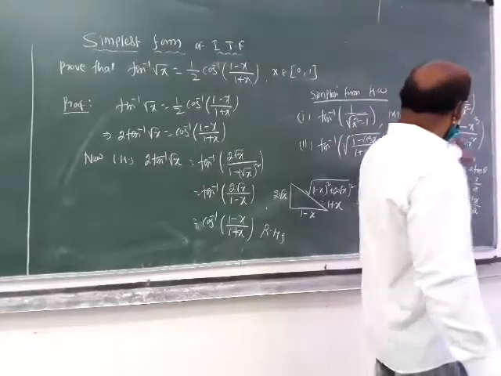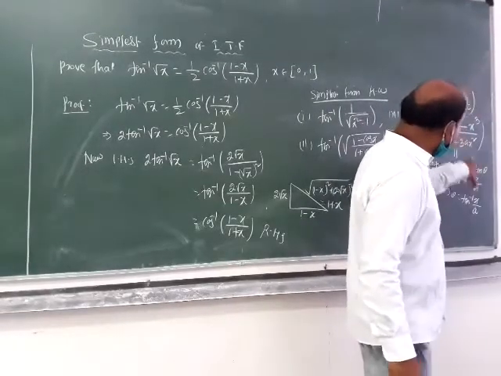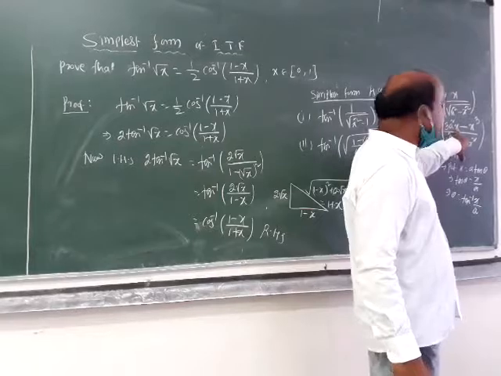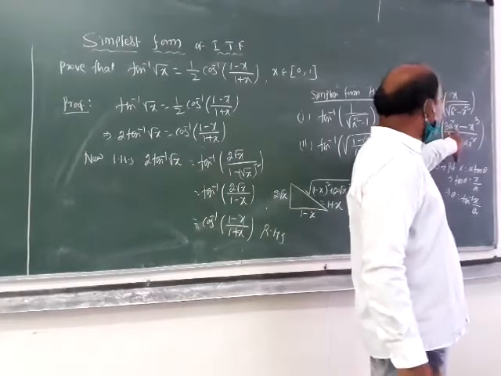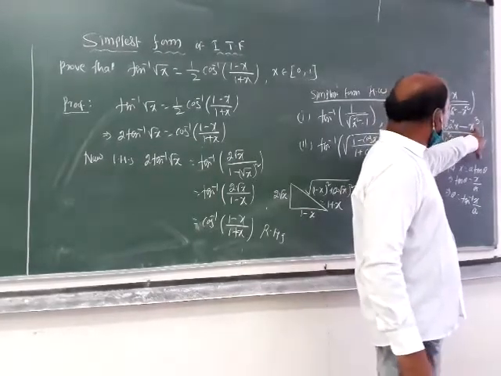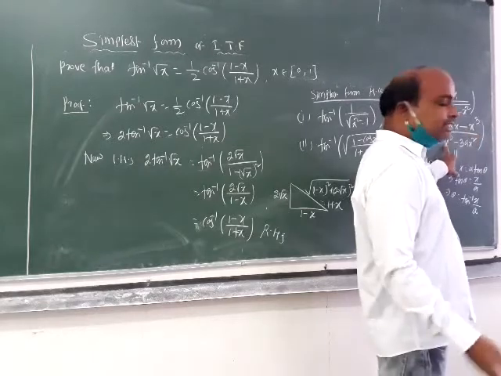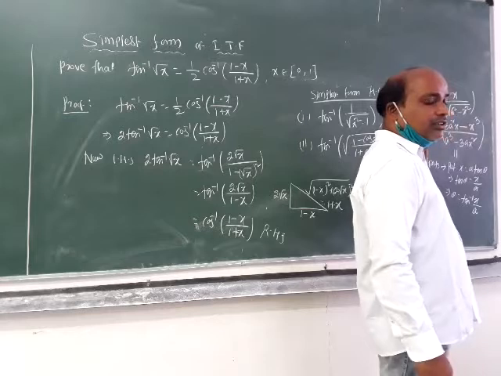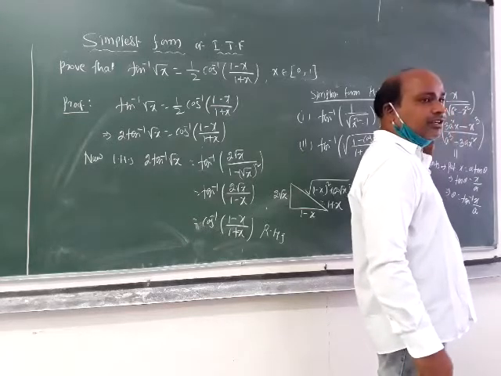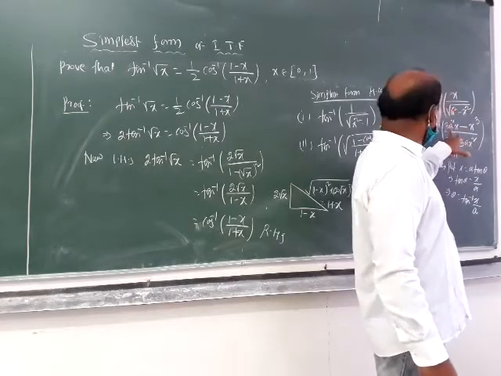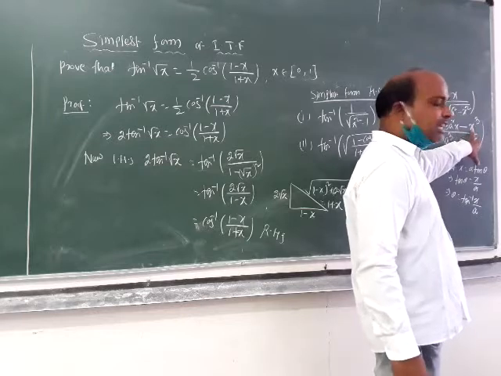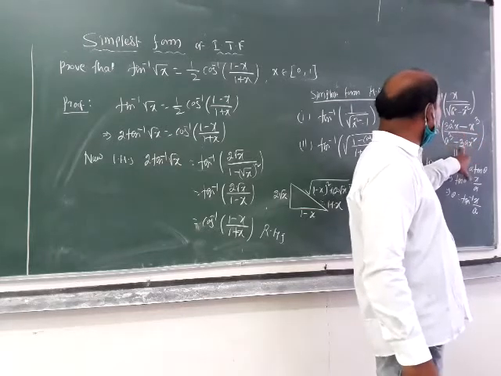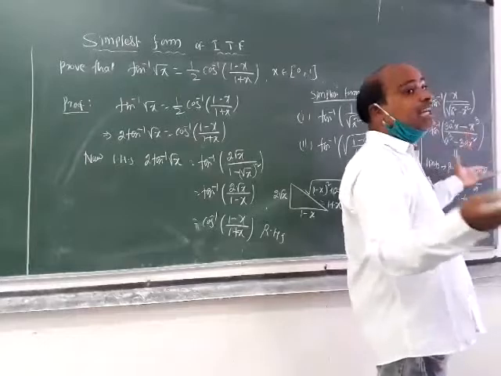When you substitute x is equal to a tan theta, you get 3a cube tan theta minus a cube tan cube theta in the numerator, and a cube minus 3a cube tan square theta in the denominator. Taking a cube common, we get (3 tan theta minus tan cube theta) upon (1 minus 3 tan square theta), which becomes tan 3 theta.